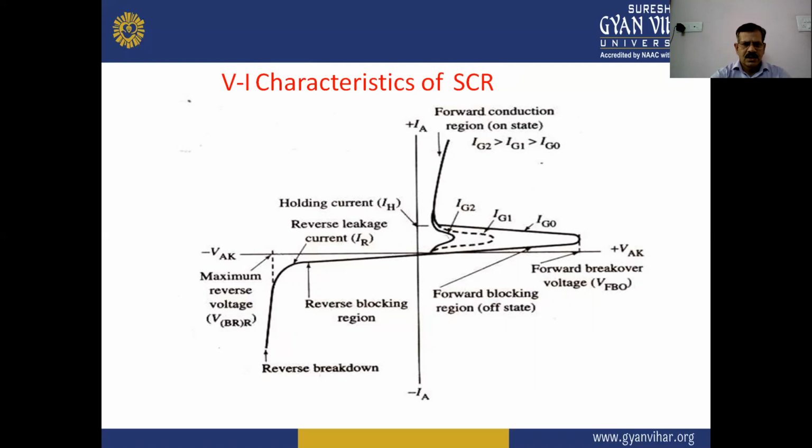In this region, the current does not flow, or flows only in a very small amount in the range of nanoampere or microampere. So this graphical representation between current versus voltage shows the VI characteristics of the SCR.